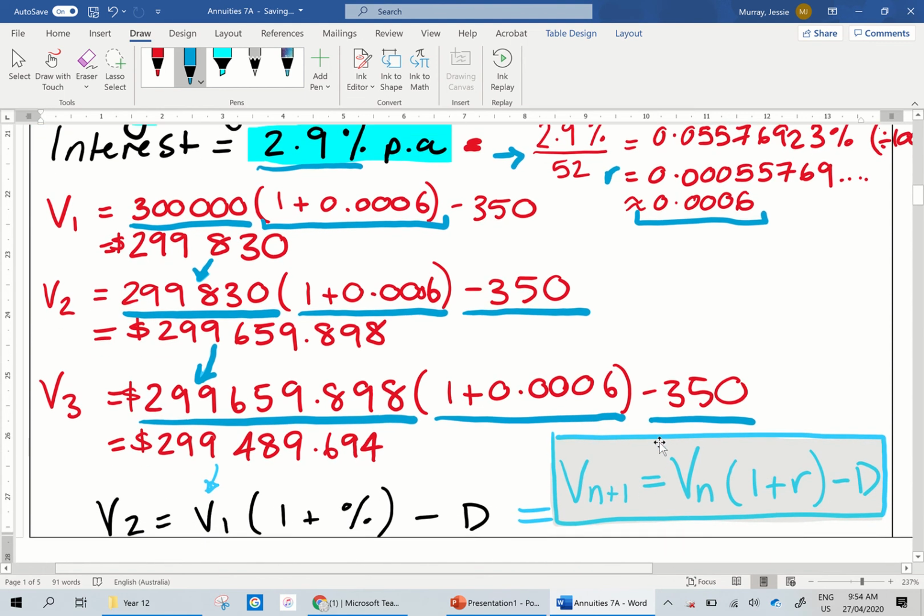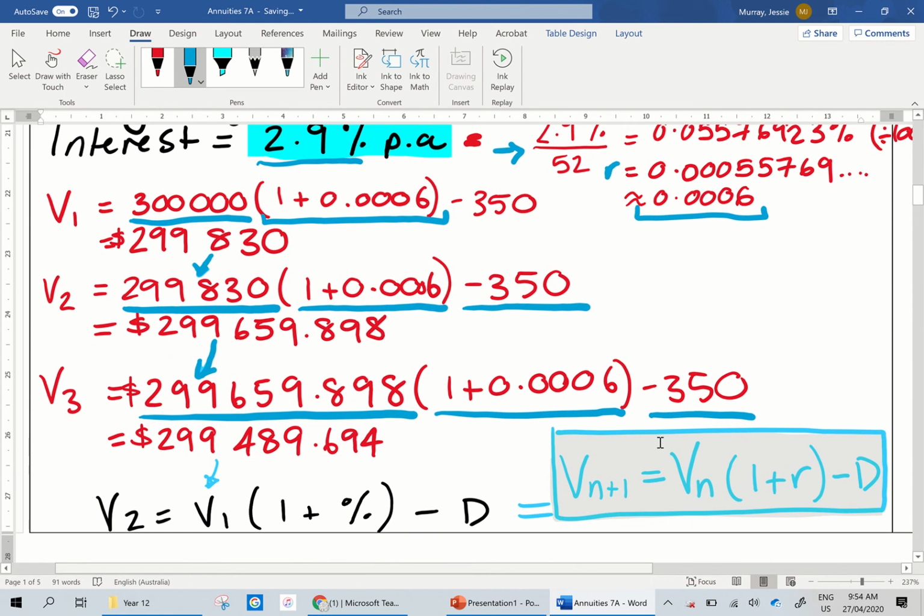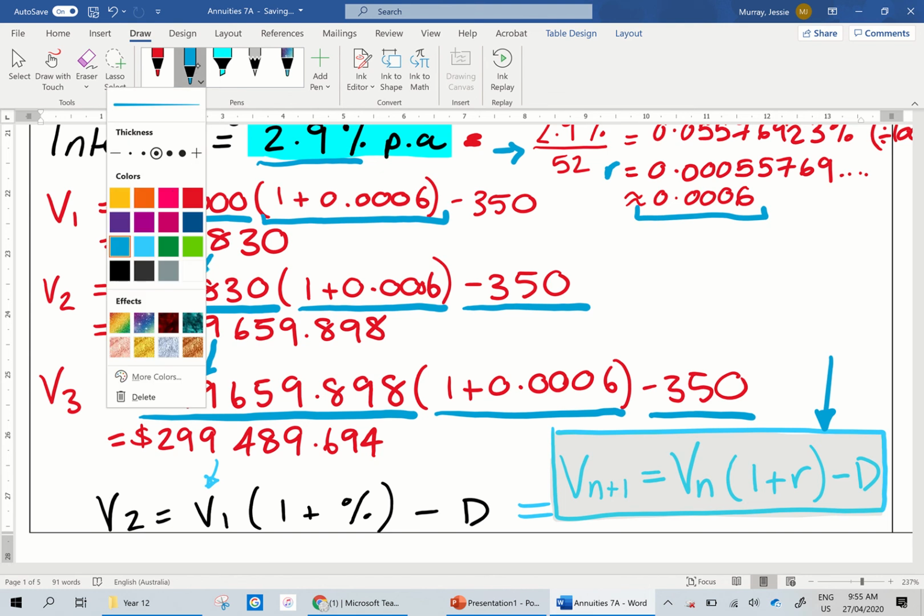Okay, so now that makes our new formula for when you're paying off a loan. It's the exact same formula, but this time instead of adding that down payment, I'm subtracting it off. Because when you're paying off a loan, it calculates what is left owing on the loan. And that might be something to note in your notes here.